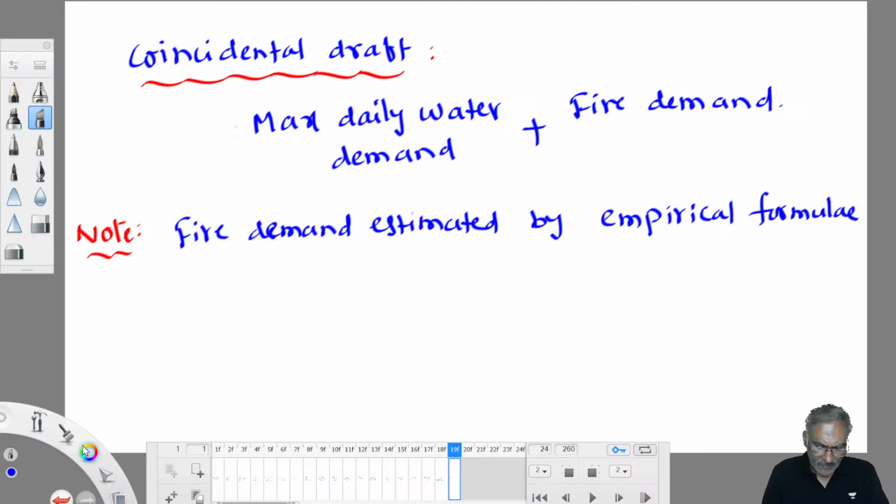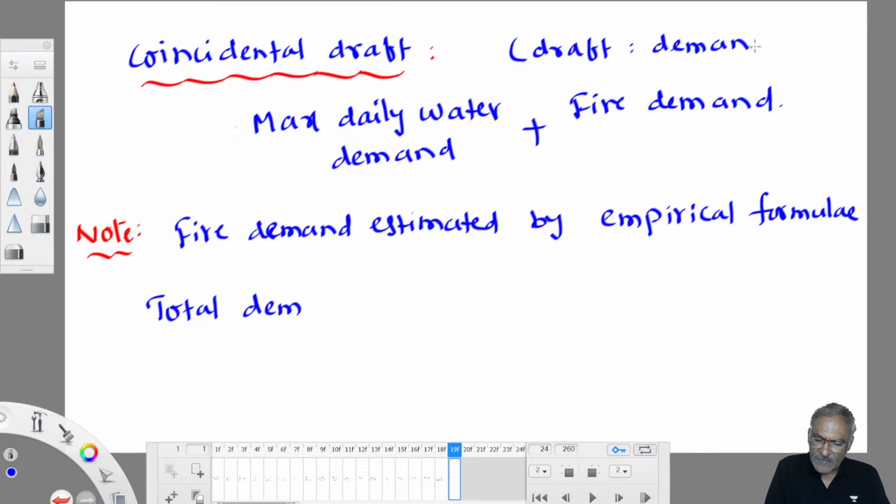Okay, coincidental draft. There is one more demand known as total demand. Sometimes for some components, draft is nothing but demand only. Draft is a synonym for demand. Total demand is the larger of the coincidental draft and the maximum hourly demand.